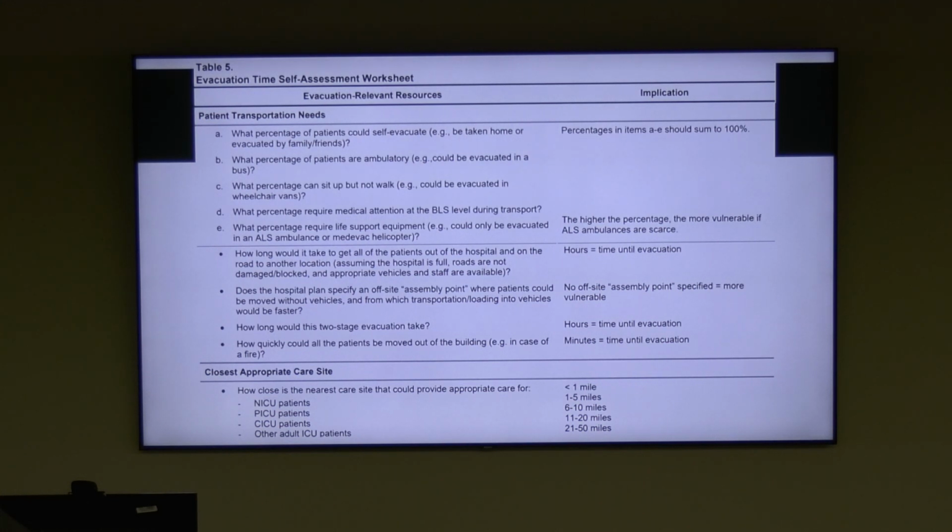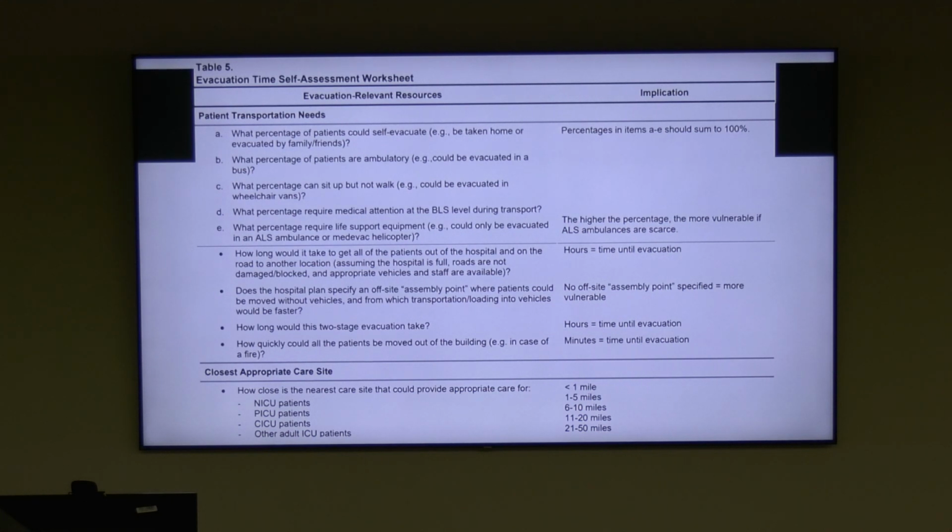And how quickly could all the patients be moved out of the building in case of a fire or any other emergency? Then you also want to assess the closest appropriate care sites. How close is the nearest site that can provide all of these different things? This is not a complete list, but big considerations are NICU patients, PICU patients, CICU patients, and other ICU patients.